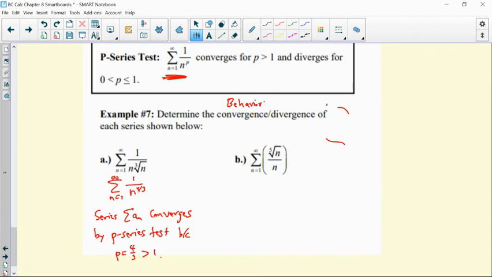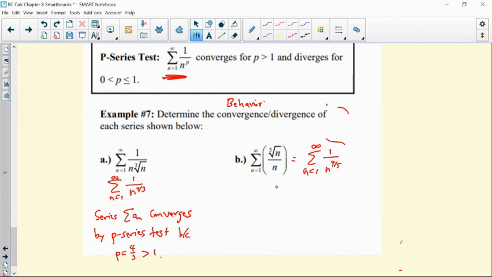It's 4/3. Okay. So here we can rewrite this, since this is the 1/5 power and this is just the first power. If I rewrite that as just one power, n equals 1 to infinity of 1 over n to the 4/5 power, like that. So now I can use the p-series test to tell it diverges.